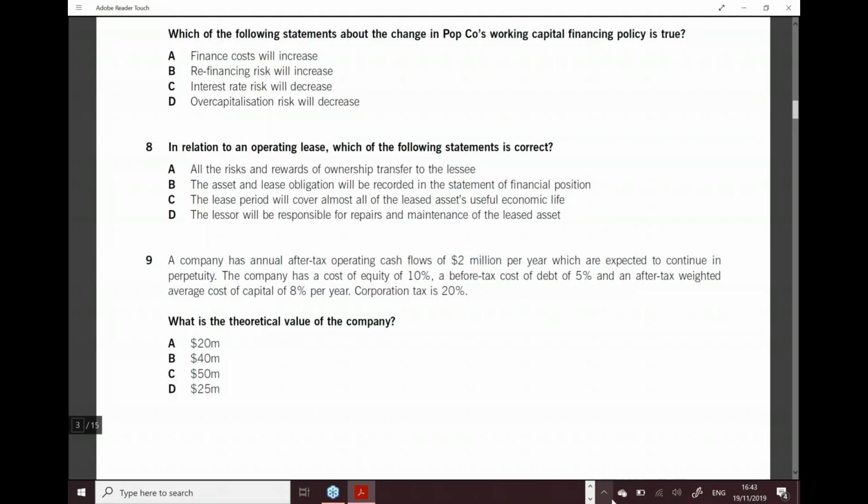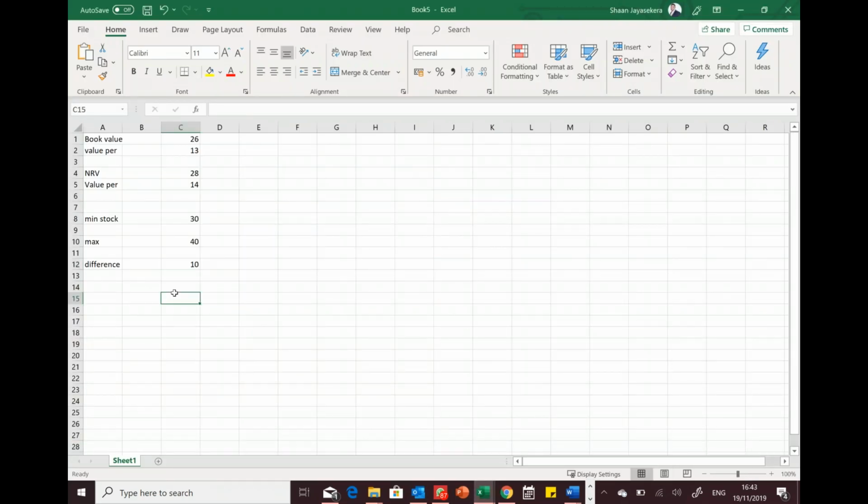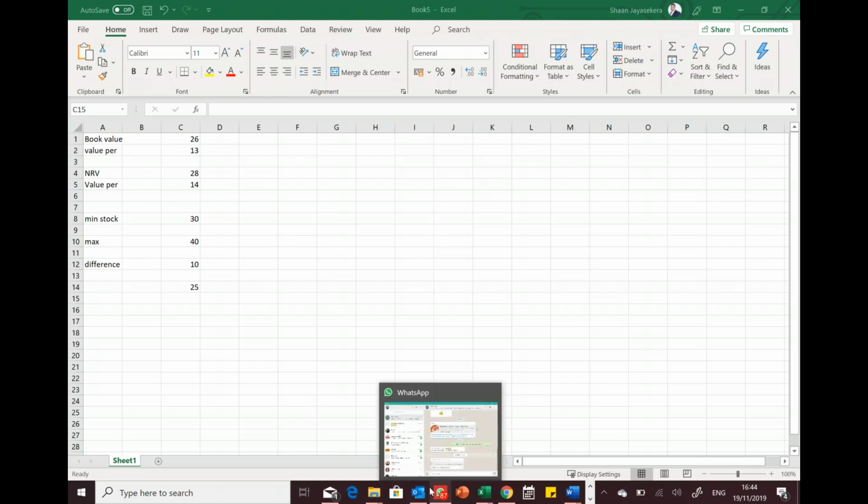So my answer should be 2 divided by 0.08, which should give me an answer of, is there a 25 option? Yes, answer D, which is 25.